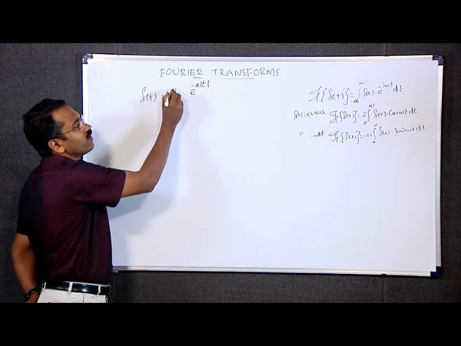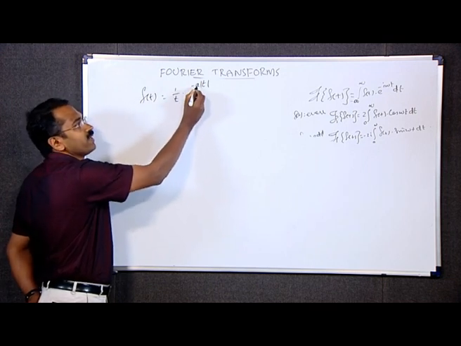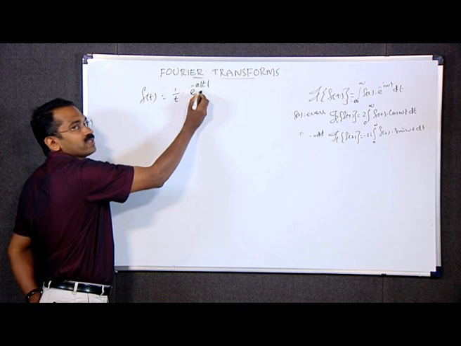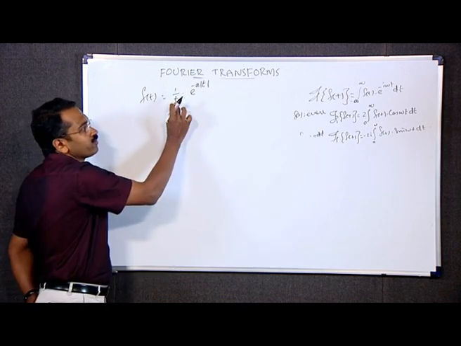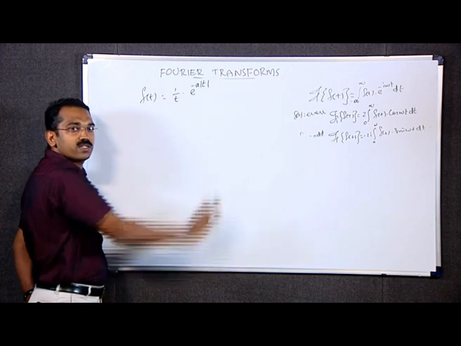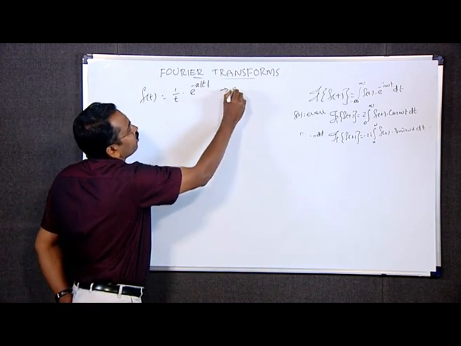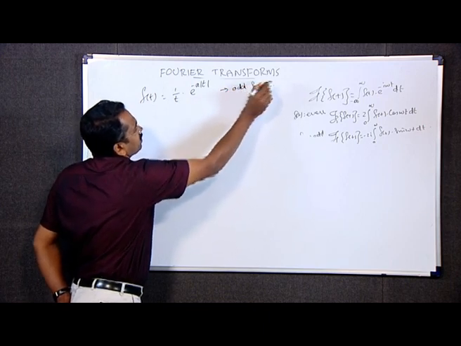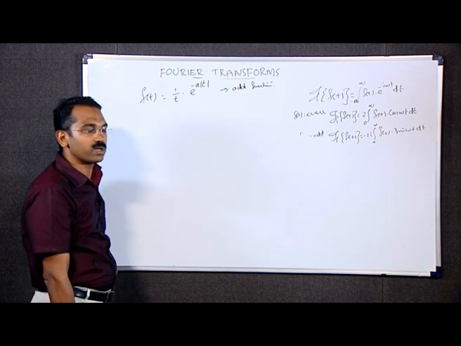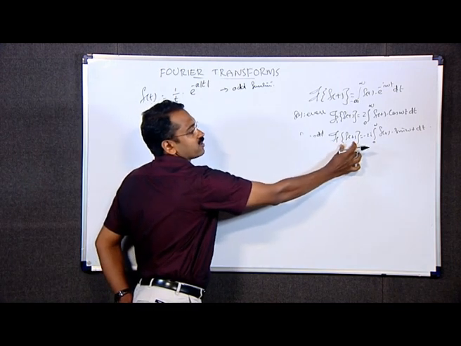Here 1 by t is an odd function, e raised to minus a into mod t is an even function. Therefore, a product of odd function and even function is an odd function, that is the given function is an odd function. Therefore, the Fourier transform is this.